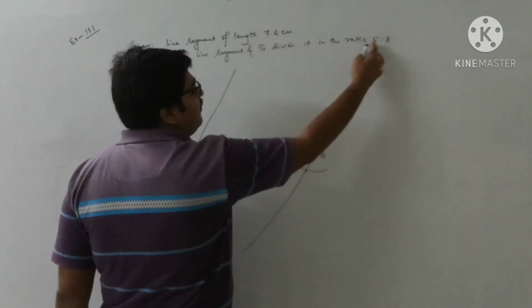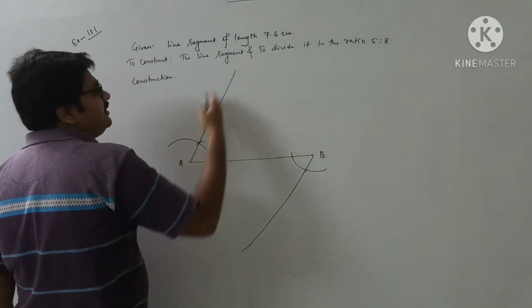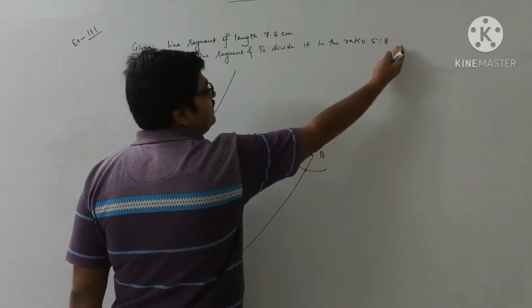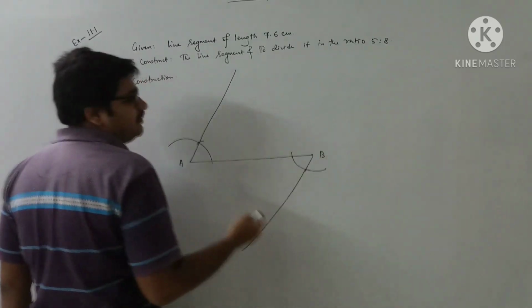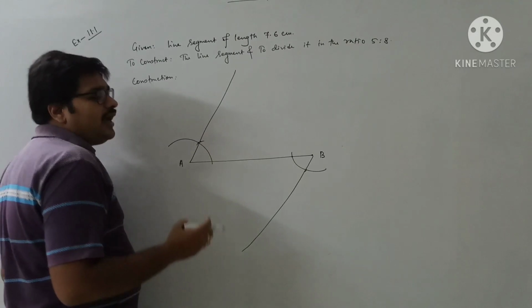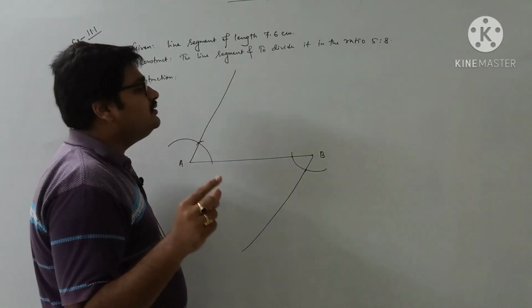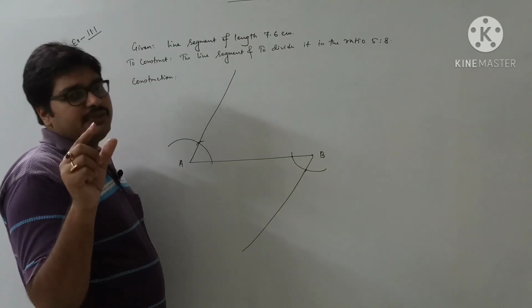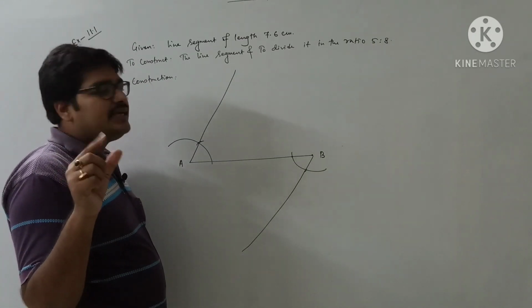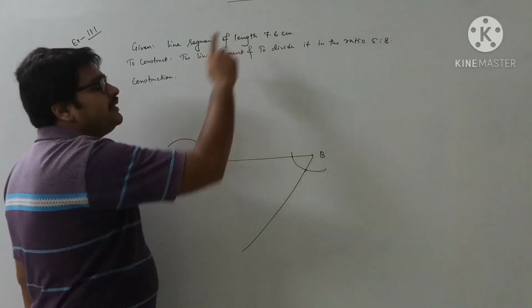If 8 were at the front, then 8 parts you have to cut from the top, and if 5 is after, then you have to cut 5 parts from the down. So I have taken my compass according to my own choice, because you should not choose the compass dimension in such a way that you cannot cut 5 parts from here.